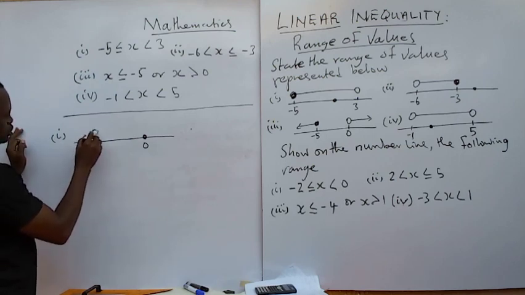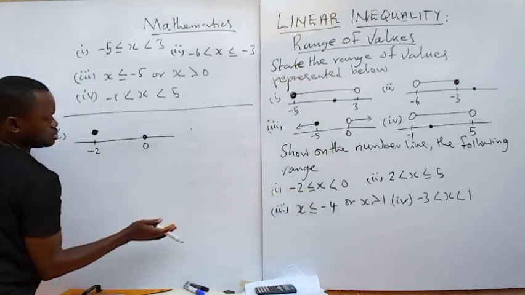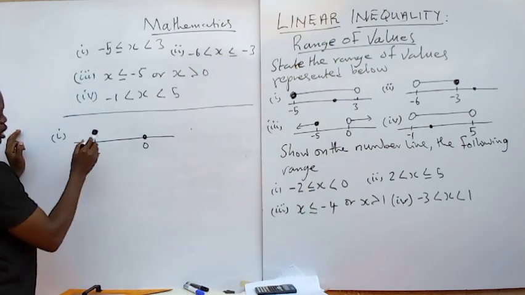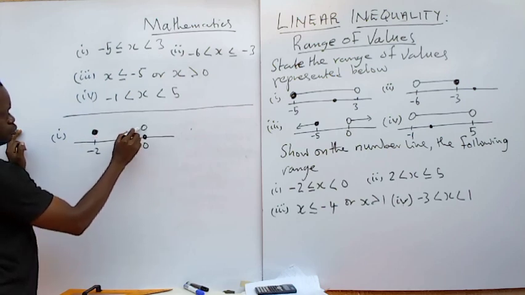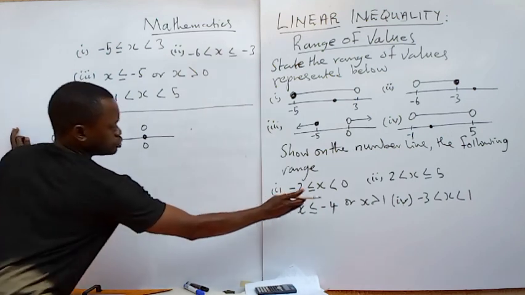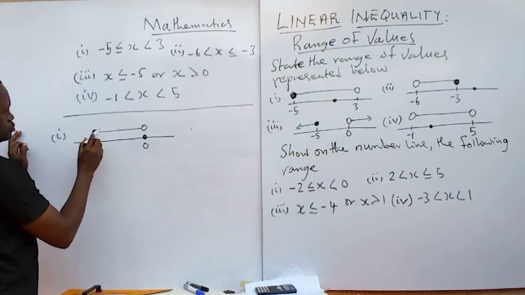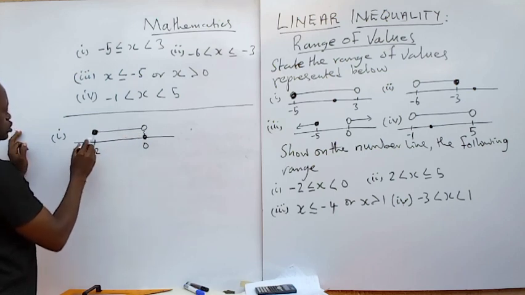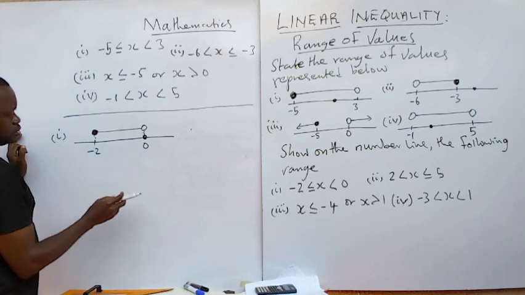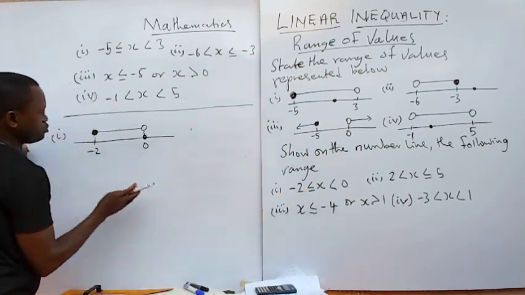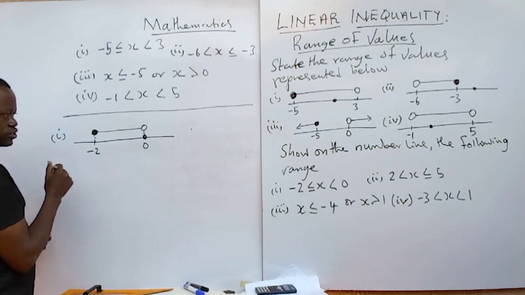Using the shaded base, I will bring this, and then using the open base here, I will bring this. Then I'll join them. This range started from -2 and stopped here with 0 not being inclusive.